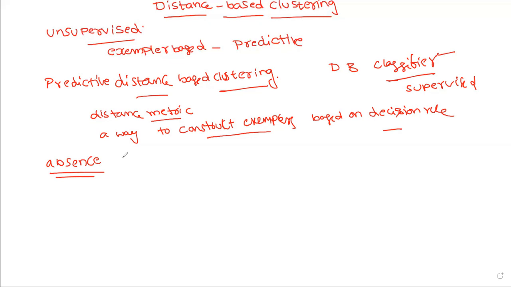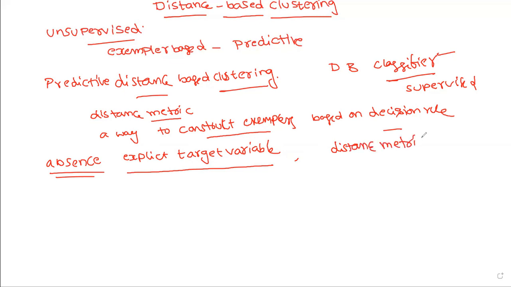So the absence of an explicit target variable is the main difference between distance-based classification and distance-based clustering. In distance-based clustering we have no target variable. Simply we have to make assumptions based on the distance metric. We are using some distance metric, so by using this distance metric we will learn the target.